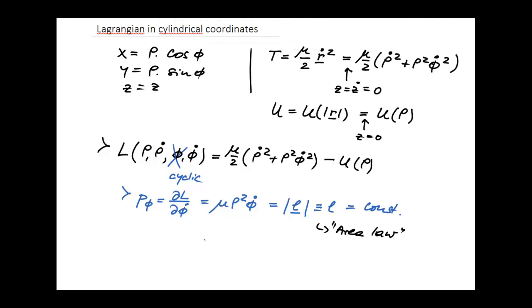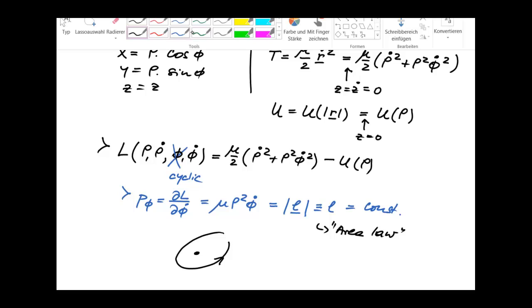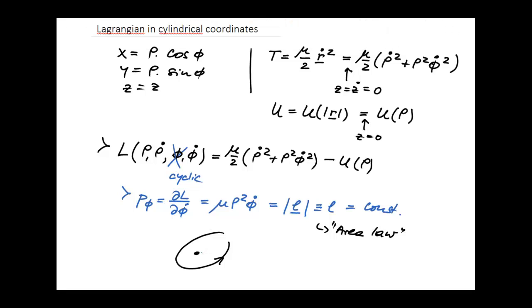The area law, just as a reminder, when you have motion in a central potential around the center of the potential, then the area covered by the ray connecting the center of the potential with the body, the area covered in a certain time interval delta t, is always the same.